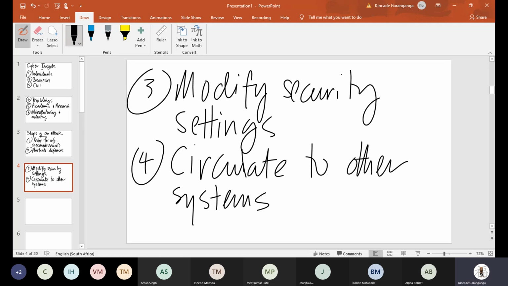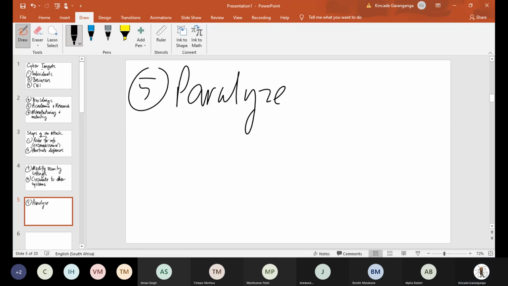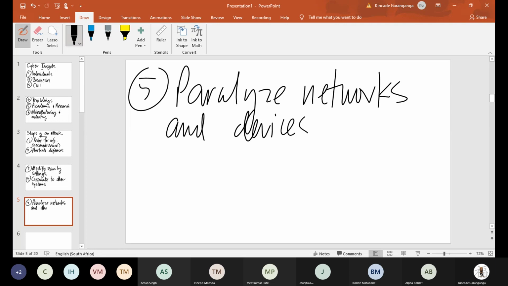And once that is done, the next thing an attacker would want to do is parallelize networks and devices. That makes it a lot easier for them to fully jeopardize the system.